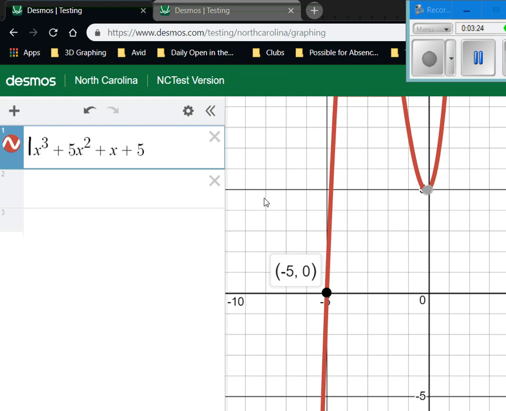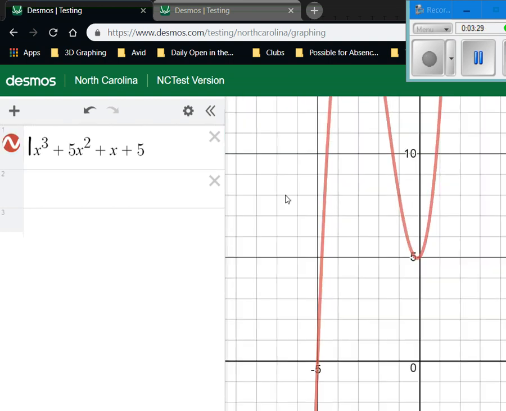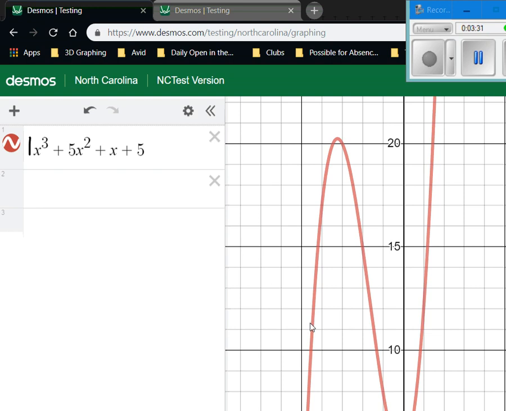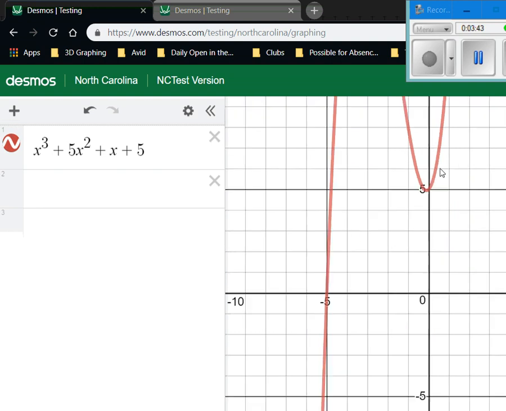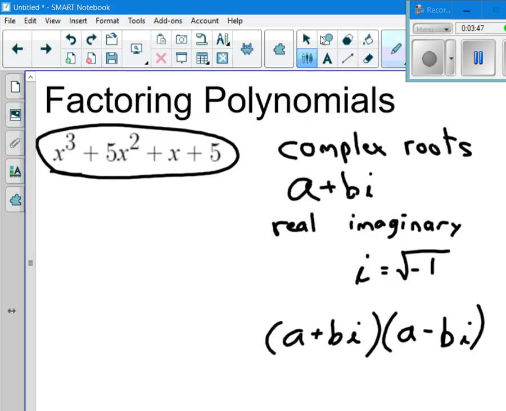If you look over on the left side, you see that the graph is going up, but for some reason it turns back down and then goes back up again. Something has to be controlling that change, and that change is controlled by the imaginary roots, which, since they are not real, are not going to intersect the x-axis.